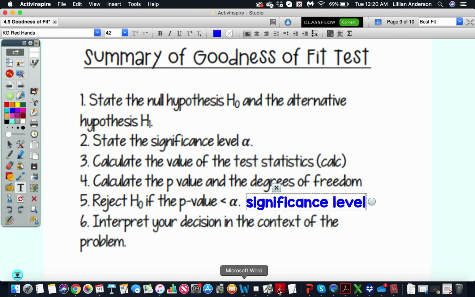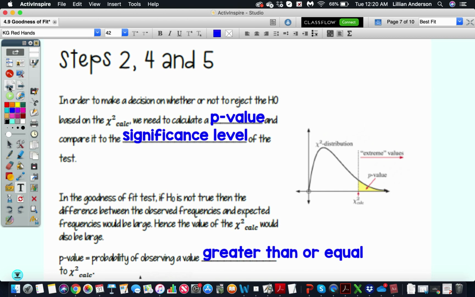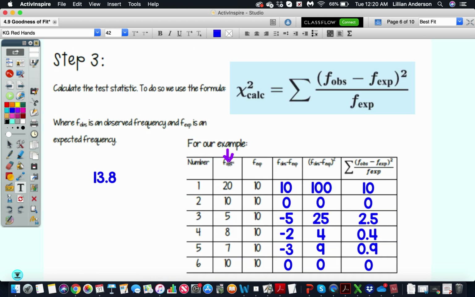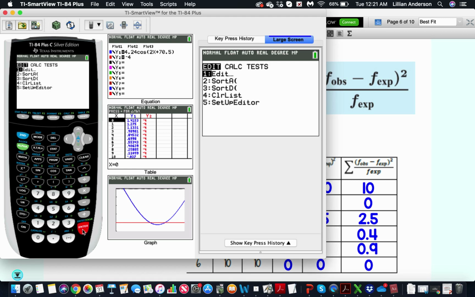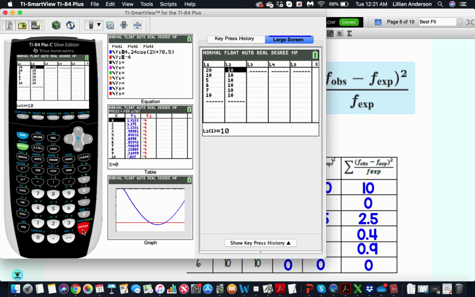So how you do this in your calculator is actually pretty simple. I am going to go back to this slide because I need the information from it. I need my observed frequencies and my expected frequencies. I go into my calculator, and because this is data, I'm not going to go into my matrix to type in my information. I'm going to go into my list. So I go to stat, then edit, and I type the values into my list.